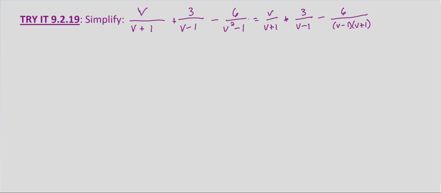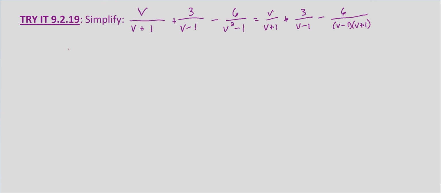When we have nothing but binomials, we could make out the chart, but it's very obvious in this instance. Our common denominator is going to be v minus 1 times v plus 1, because v minus 1 is missing v plus 1, v plus 1 is missing v minus 1, and we have a denominator of v minus 1 times v plus 1 in our last term.